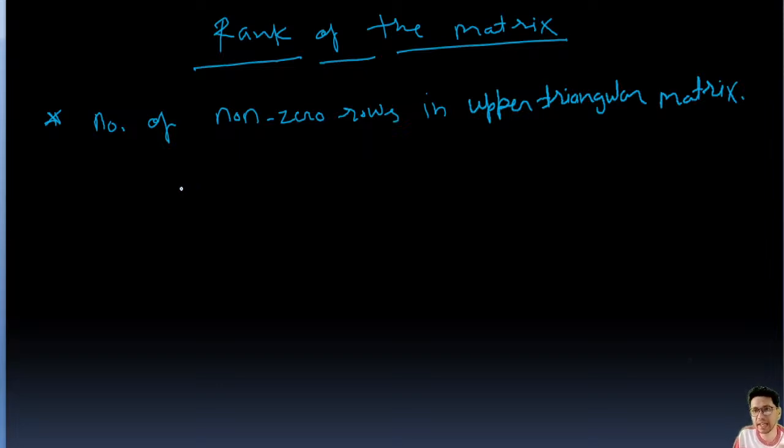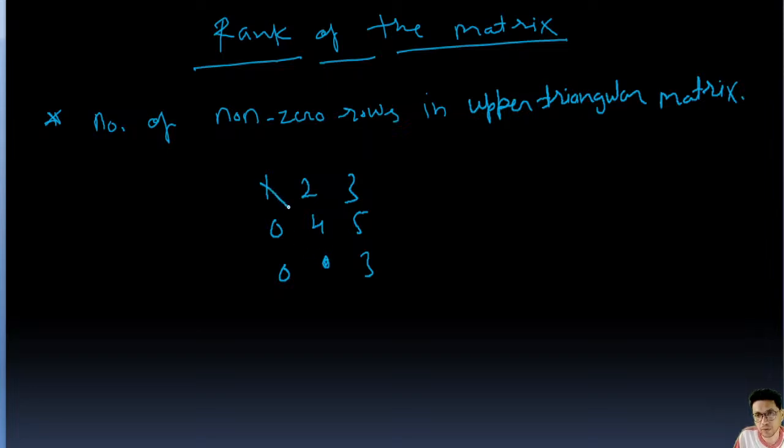I have already explained what an upper triangular matrix is in my previous lecture. For upper triangular, I'll give an example like 1 2 3, 0 4 5, 0 0 3.